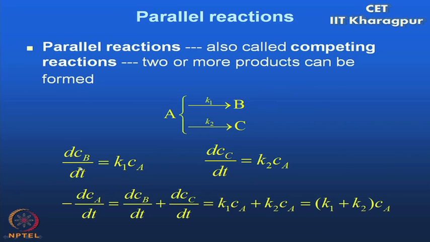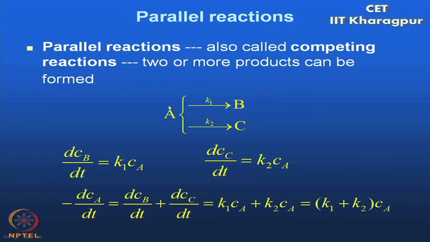So, rate of formation of B, that is dCb/dt, is equal to K1 into Ca. Formation rate will be K1 into Ca, and in the same way the rate of formation of C, dCc/dt, is K2 Ca. So basically we are writing in terms of product formation.